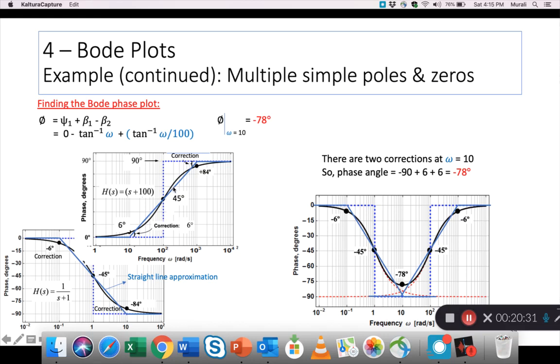Same thing here for the 0. At the corner frequency, you will have the graph, the plot, stopping at 45 but with a plus sign, because this is a pole, the phase angle goes in the upward direction. Here the phase angle drops from 0 to minus 90. Here it goes from 0 to plus 90.